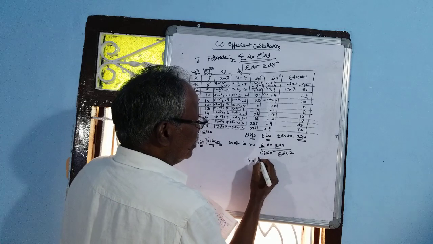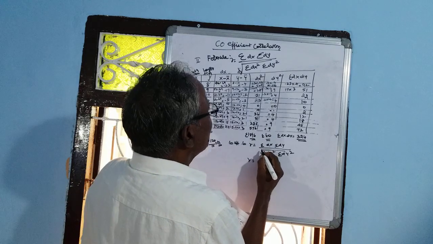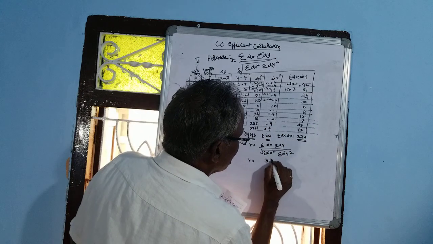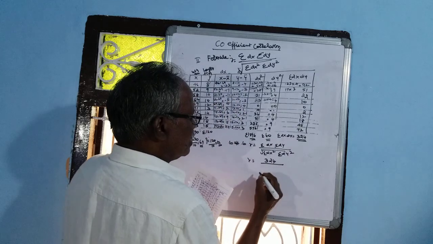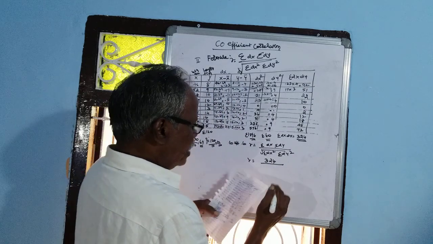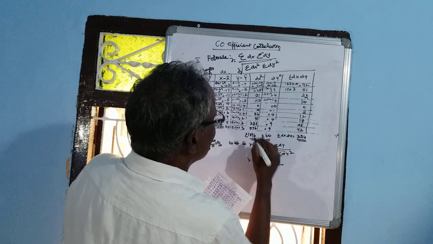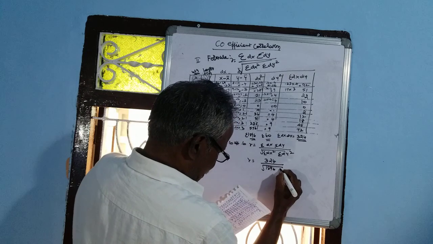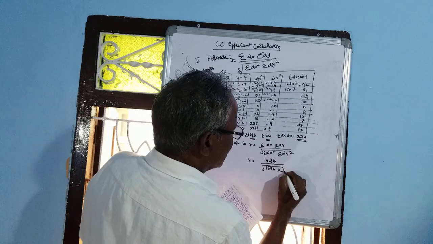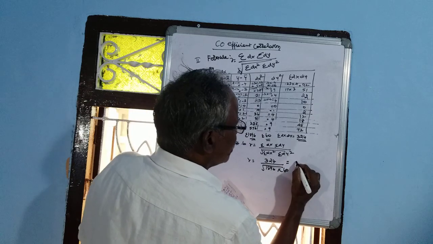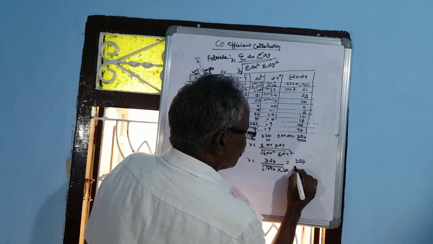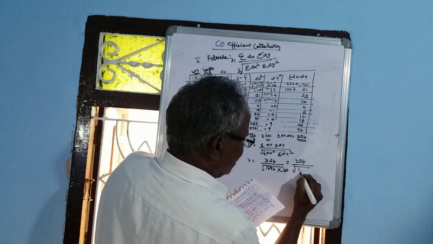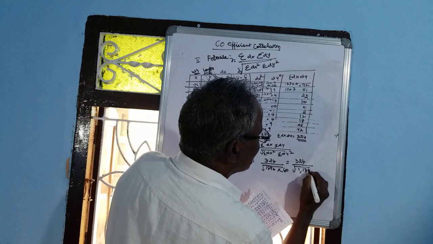So R is equal to 324 divided by the square root of dx square, 1896, into dy square, 60, which is equal to 324 over the square root of 1,13,760.